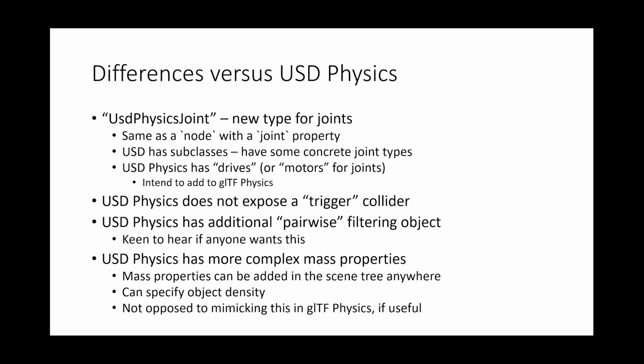And you can also specify an object density, which we don't have. So saying this object should have the density of water and letting the physics simulation derive what the actual mass is based on the volume. So that's not something we have, but I'm not opposed to mimicking the same set of rules. I think it would be useful to keep the rules consistent between the two. If people find it useful, I think we could do that.